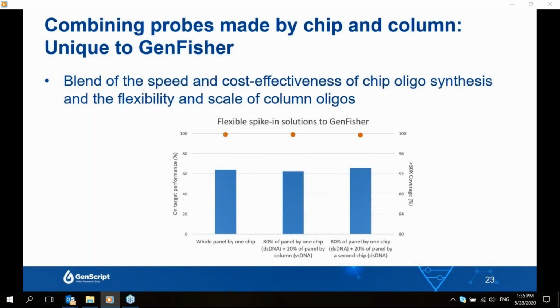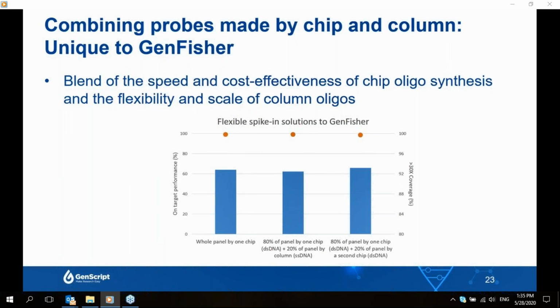So one route we recommend to our customers is to use our AI design tool to design and synthesize a panel with our chip technology, which is really fast and inexpensive, great for research purposes. If there is additional need for probes, supplement with column probes, as it's quicker and easier when the number of oligos required is low.